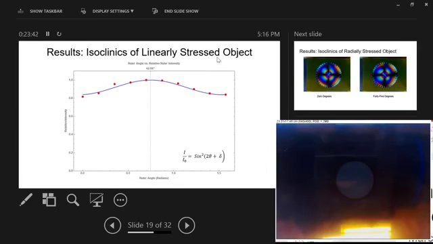So all this is to say that our ruler had roughly a 2-degree direction of stress along one of its axes. I want to say it's ambiguous whether it's along the long axis or the short axis of the ruler, because there is that 90-degree periodicity.